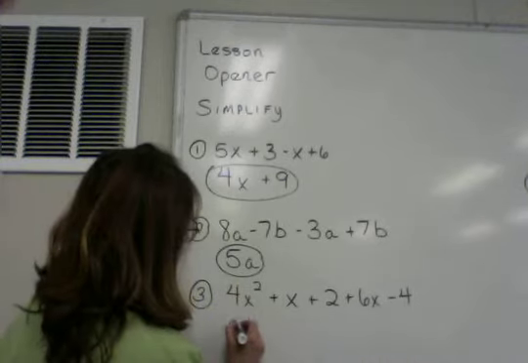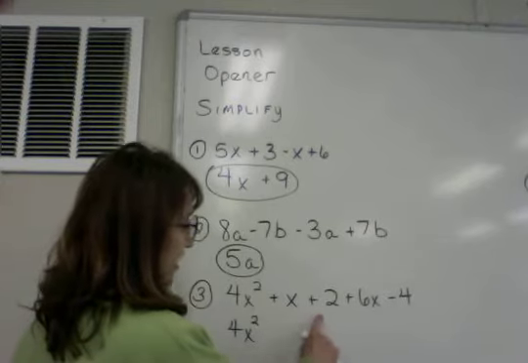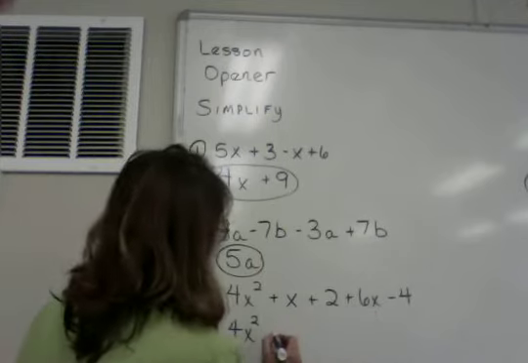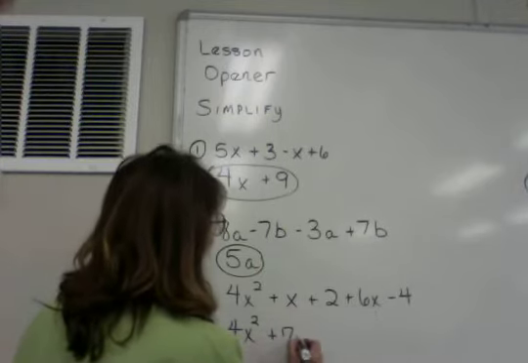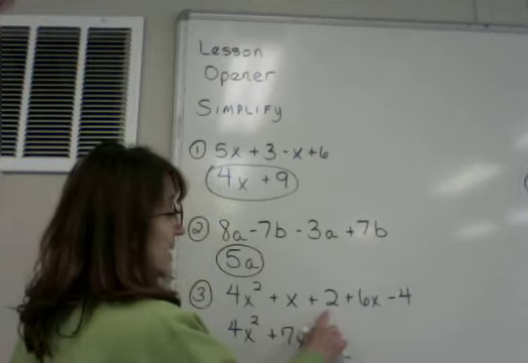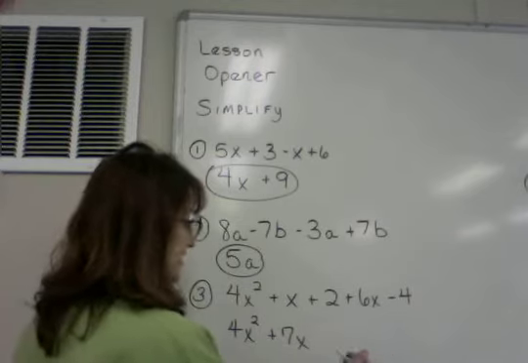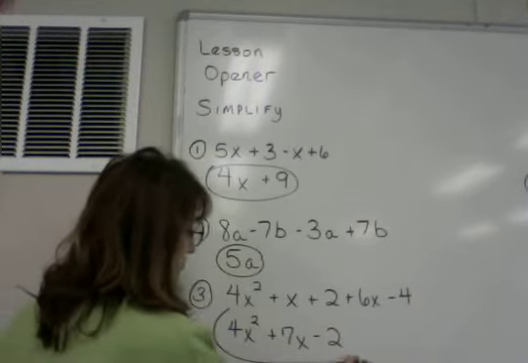So I'm just going to bring down 4x squared. X, do I have another x term that I can put with it? Yes, the 6x. So I'm going to add x to 6x, and that's going to become a 7x. And I have a 2 plus a negative 4. So 2 plus a negative 4 is going to become a negative 2. So there's my answer for that one.